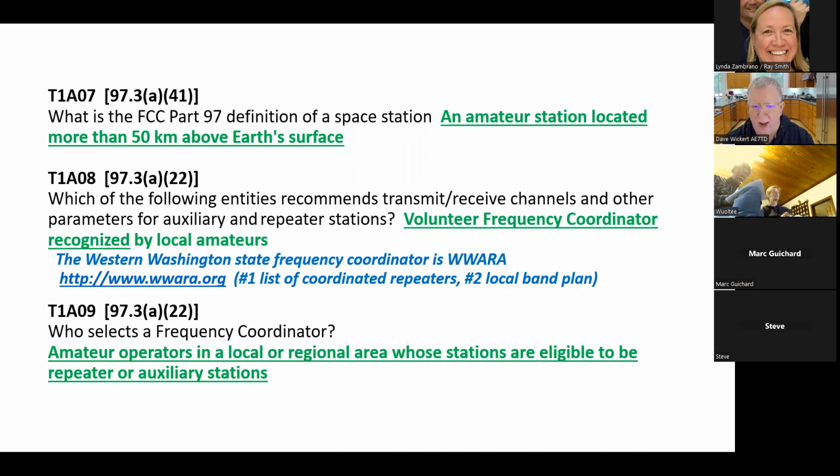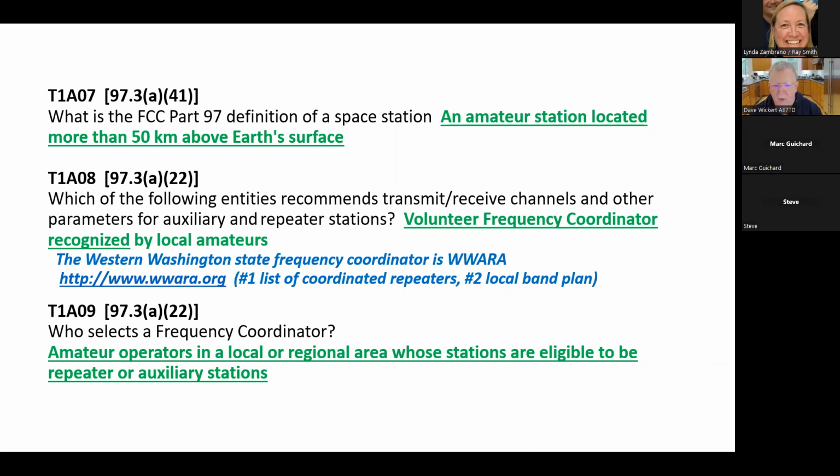So if you want a series of transmit and receive frequencies that you know you're not conflicting with other people in the area, you contact your local frequency coordinator, and they have lists of coordinated repeaters, and you can see whether or not you're going to interfere with other people in your general area.